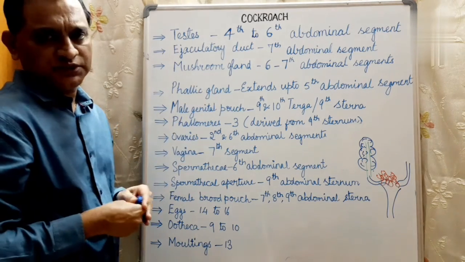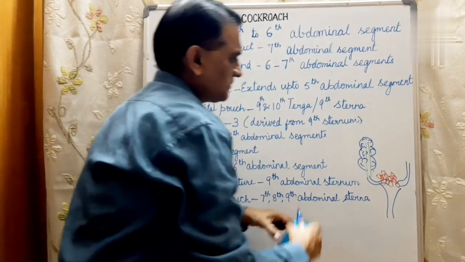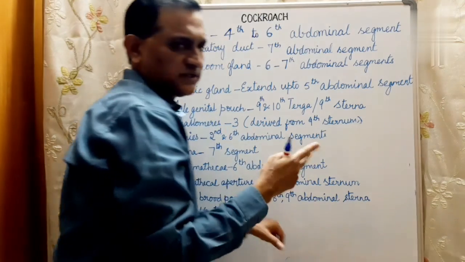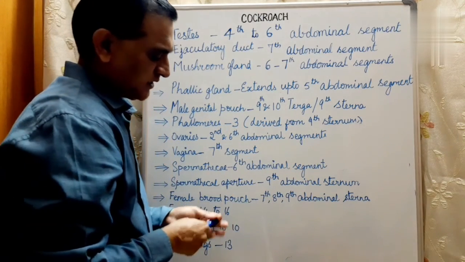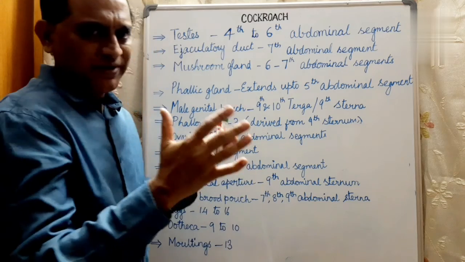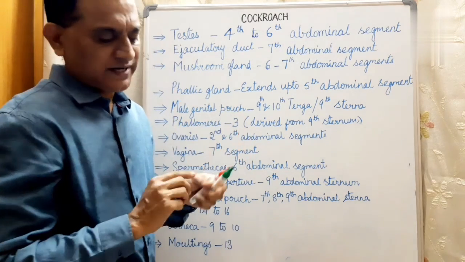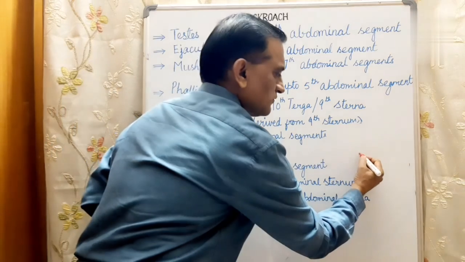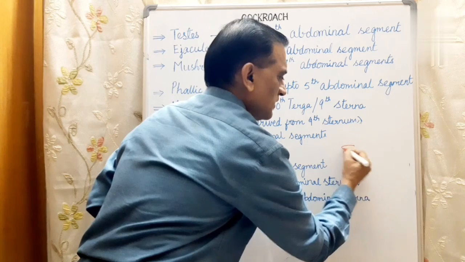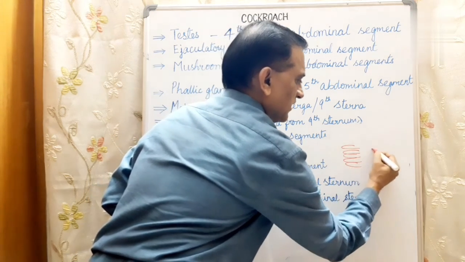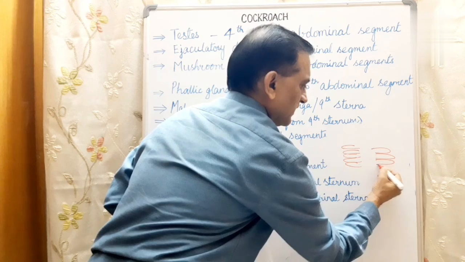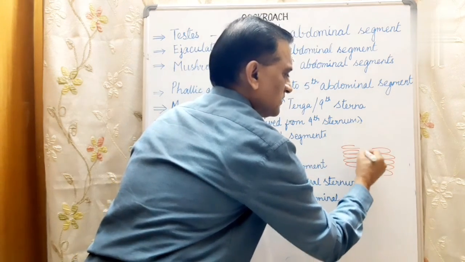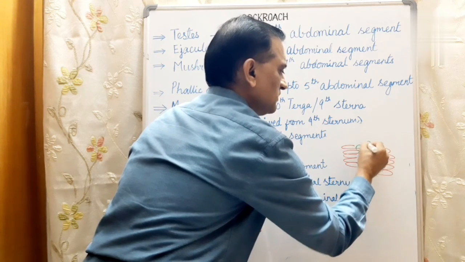Next is the mushroom shaped gland. It is present at the junction of the two vasa deferentia and the ejaculatory duct. It consists of compactly arranged finger-like blind-ended tubules arranged in two groups. The first group of tubules are long and slender and fewer in number, peripherally arranged, and the small tubules are more in number.